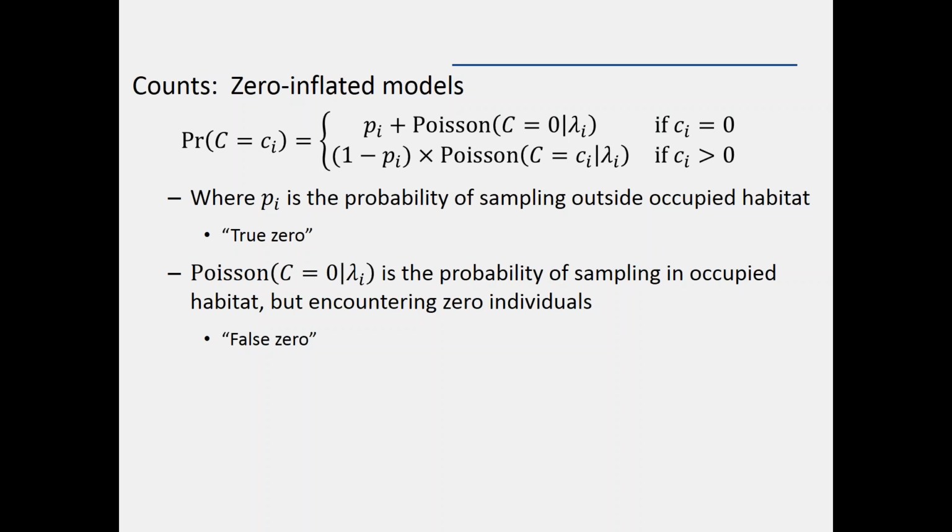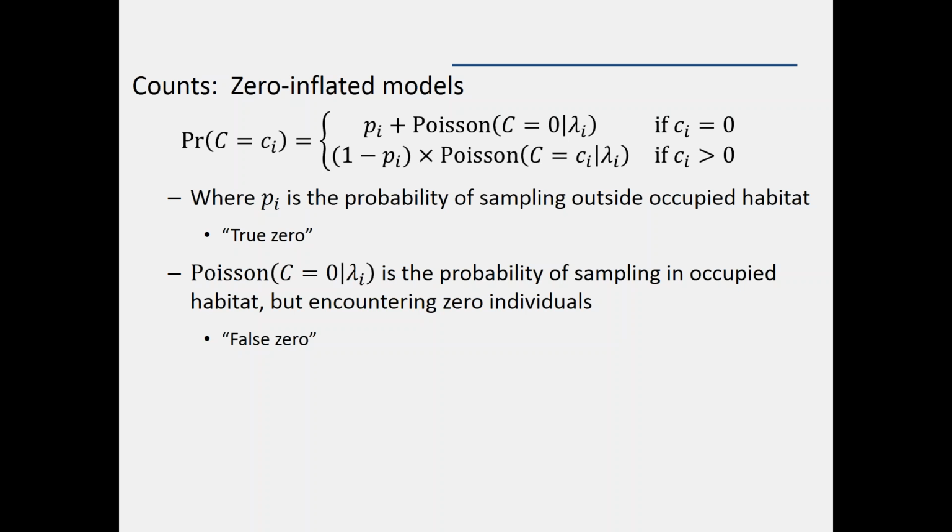Anyway, if you've got counts, you can model it this way, where the probability of 0 is from the probability mass function plus an additional portion of zeros. In a Martin 2005 paper, there are some that are true zeros that represent the proportion that's outside of the habitat of the species, so that P sub I would be the probability of hitting a true 0.